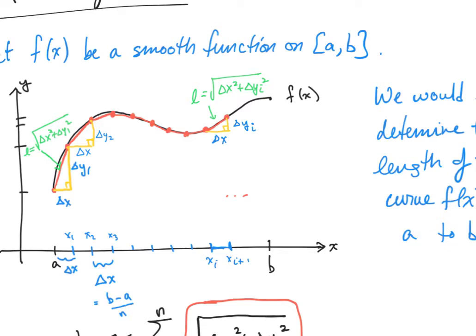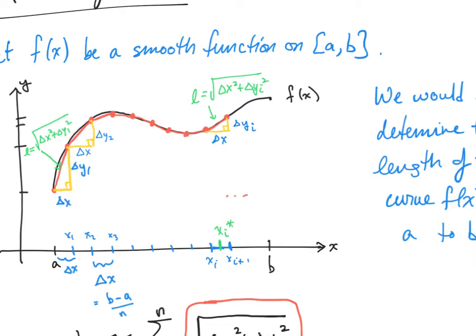And we know that the mean value theorem for derivatives says that there's some value somewhere in between x sub i and x sub i plus 1, we might call it x sub i star, such that the slope of the secant line between x sub i and x sub i plus 1, so here to here, is equal to the slope of the tangent line at x sub i star.